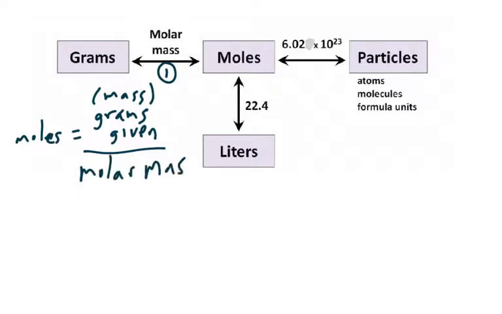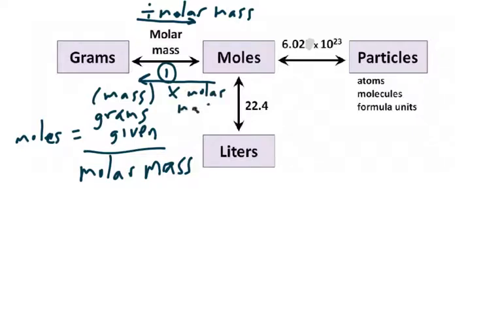So if you're going from grams to moles, you're going to end up dividing by the molar mass. And if you're going backwards, from moles back to grams, you're going to end up multiplying by the molar mass.